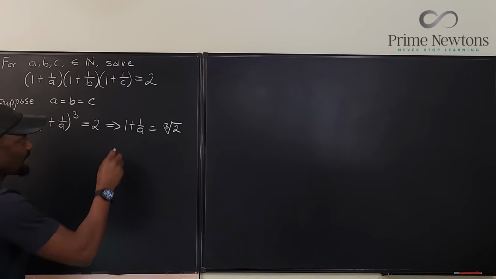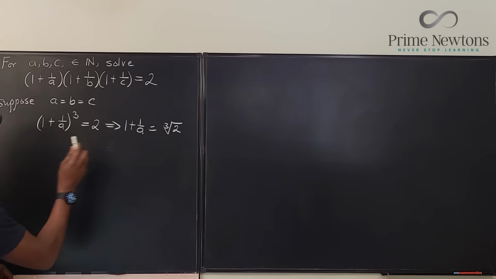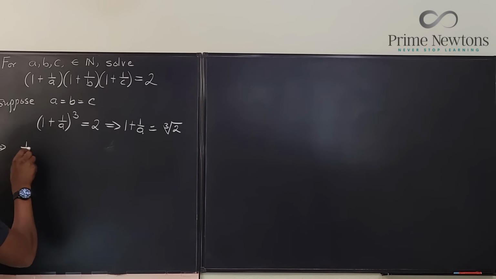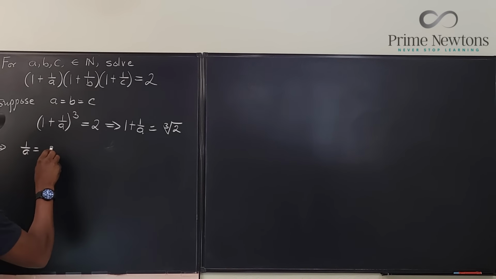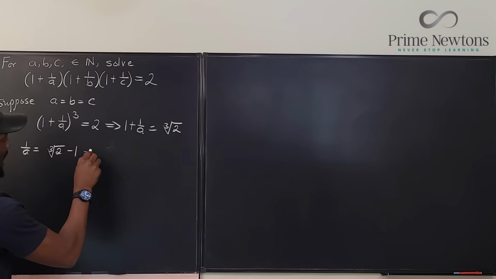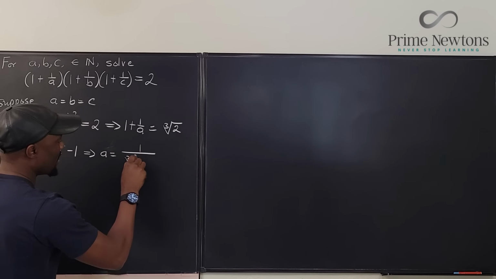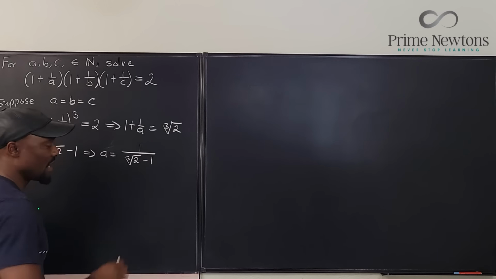So that means 1 over A equals cube root of 2 minus 1, which implies A equals 1 over the cube root of 2 minus 1.